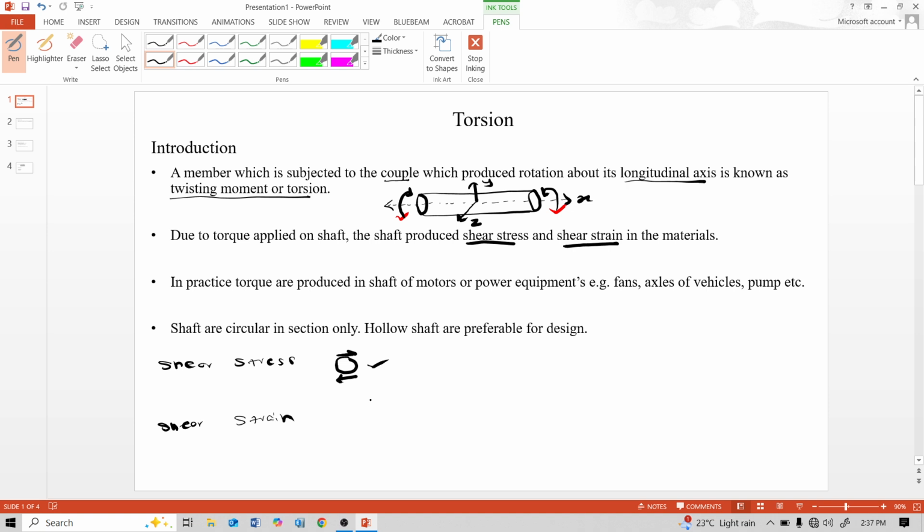Shear strain is the measure of the small distortion of the block caused by the shear force. Due to shear force, a small distortion or small deformation occurs in this block, and this is known as shear strain.